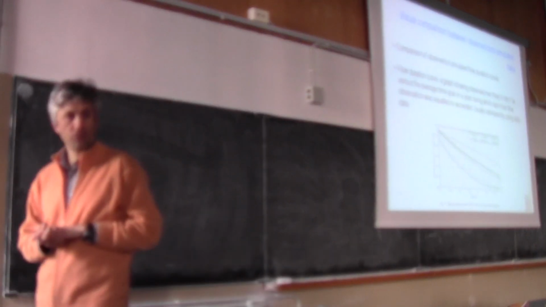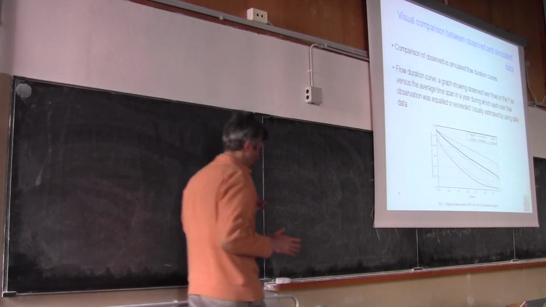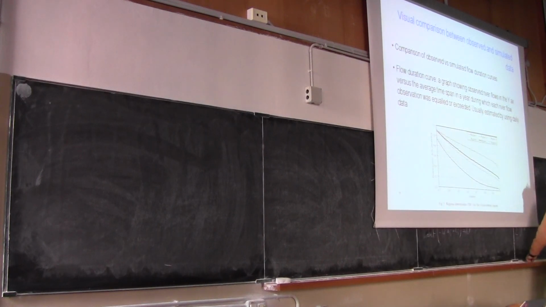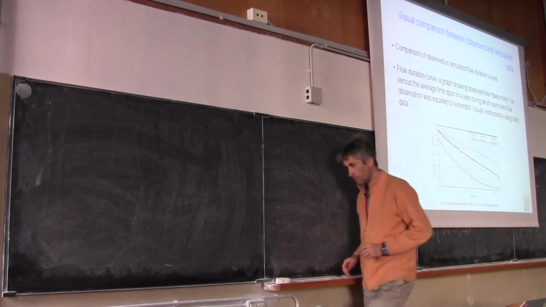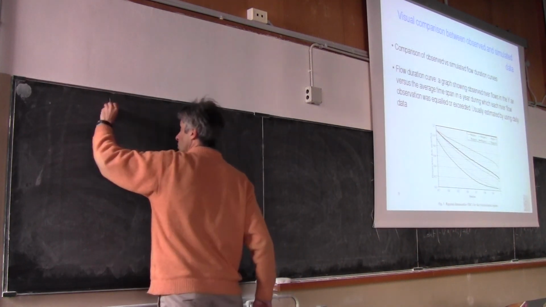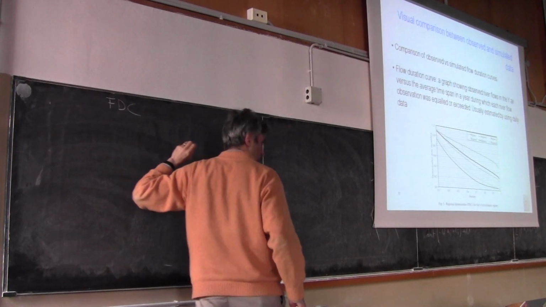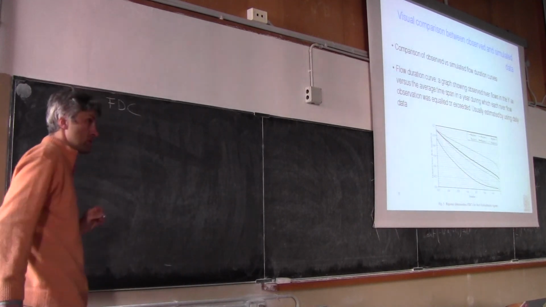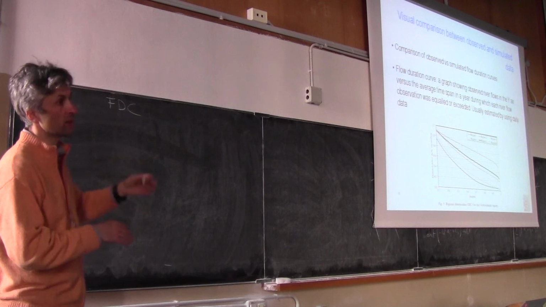Okay, so let's define the flow duration curve then, and let's focus on the blackboard now. What is the flow duration curve? It's also called FDC, the acronym with which the flow duration curve is often indicated in the international literature, FDC, stands for, of course, flow duration curve.